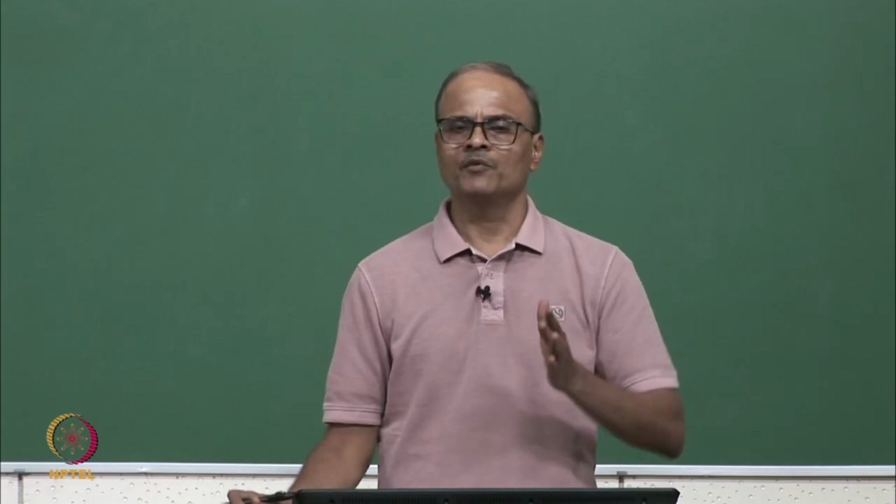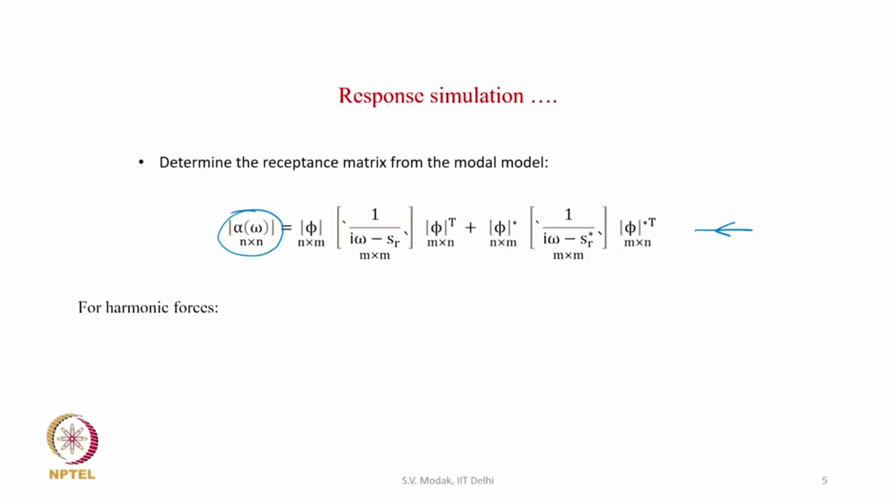If the forces are harmonic, of some frequency omega, and represented by vector f, then the response x can be obtained by this relationship. We already studied this relationship between the response x, the receptance matrix alpha, and the force vector f.